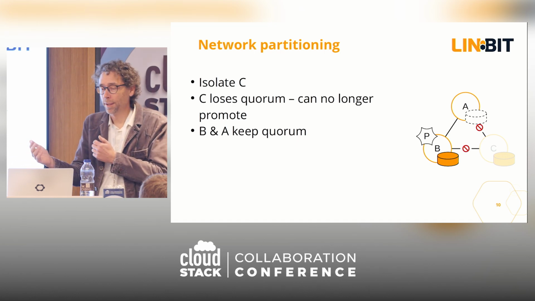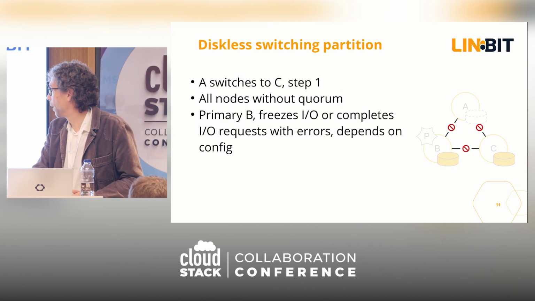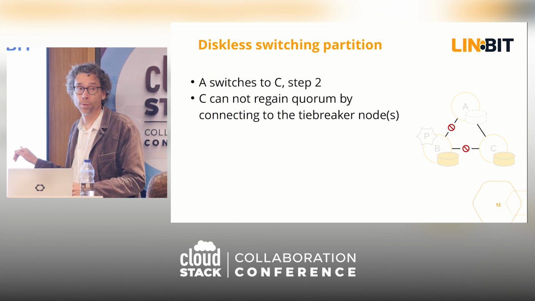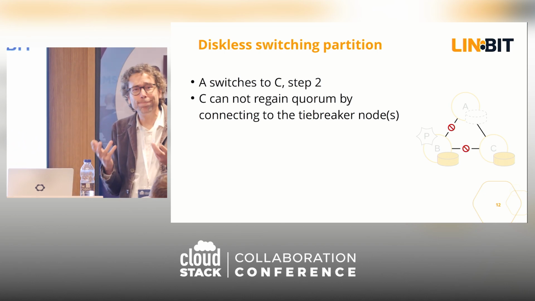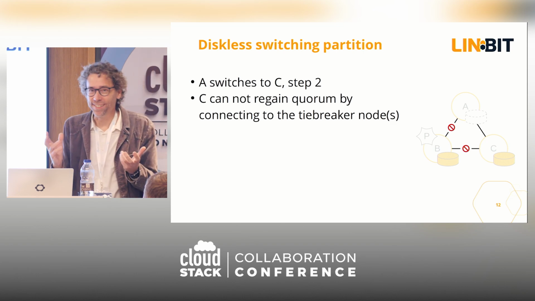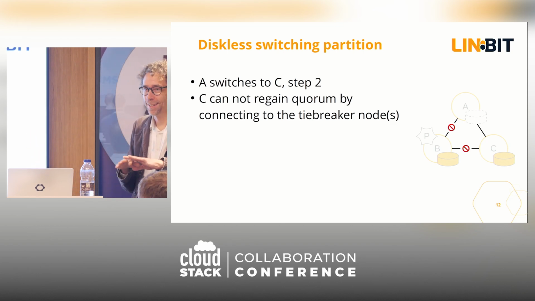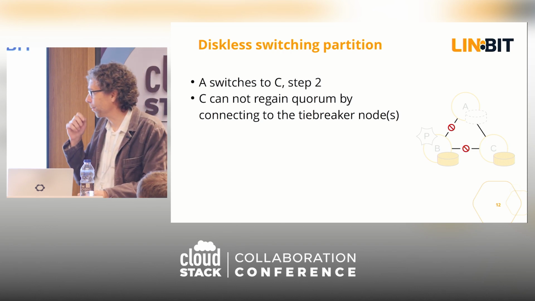Now it gets disconnected, and when it now gets a connection established with an older one, it says, we don't really fit together. We cannot do this. We are 2 out of 3. That just is not allowed in this situation.